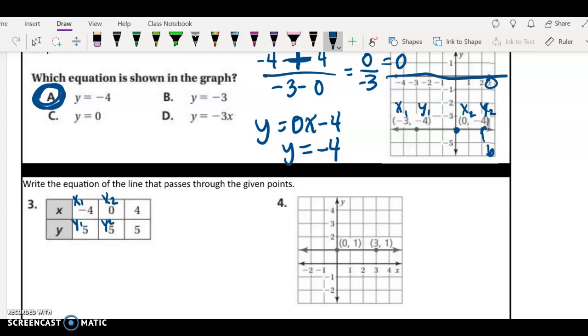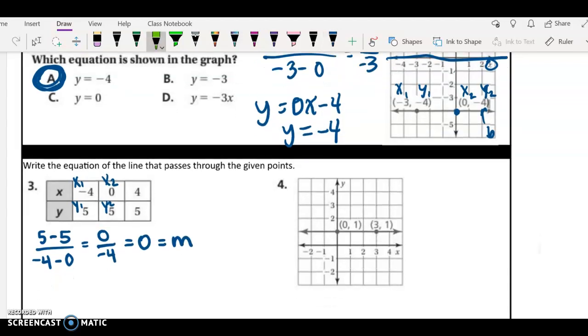So we do y1, which is 5, minus y2, which is 5, over x1, which was -4, minus x2, which is 0, and I get 5 minus 5 is 0, over -4 minus 0 is just -4. 0 divided by anything is 0, and that's my m.